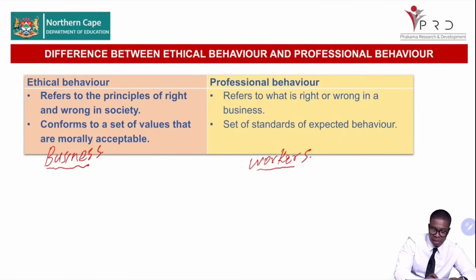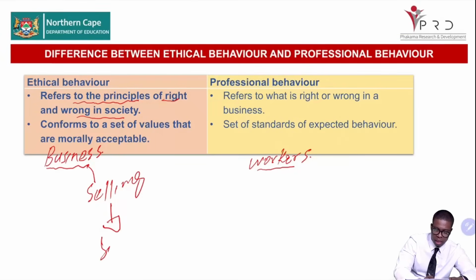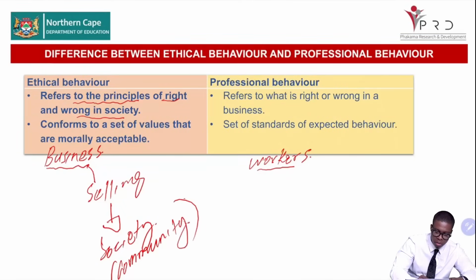Hence, the definition or the differences here outline that it refers to the principles of right or wrong in the society. Why in the society? Because the business is selling to the society. Since the business is selling to the society, remember, the society is similar to the community.